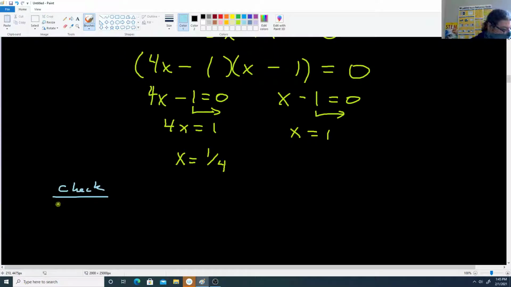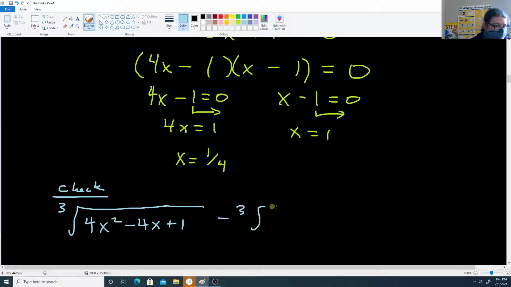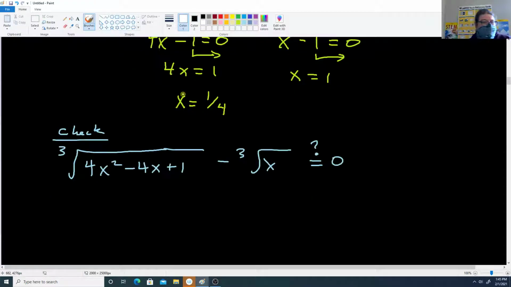We have to go back to the original form and check, see if I replace the x's with the numbers we got, does everything total up correctly like it's supposed to? Okay, so let's check x equals a fourth first.